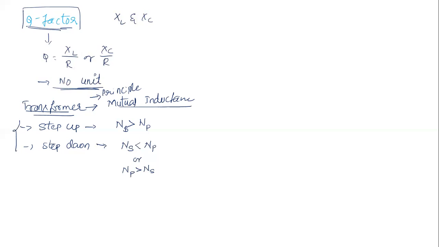There are some formulas you need to remember for the transformer: the relation between current, voltage and turns ratio. These three always help you. The voltage in the secondary coil to the voltage in the primary coil is equal to the number of turns in the secondary coil to the number of turns in the primary coil, which is equal to the current in the primary coil to the current in the secondary coil.